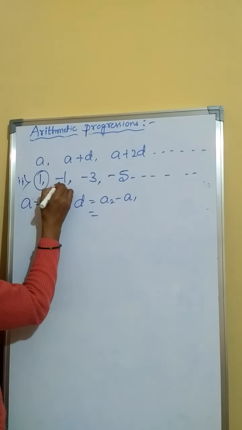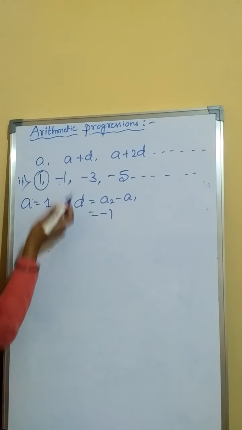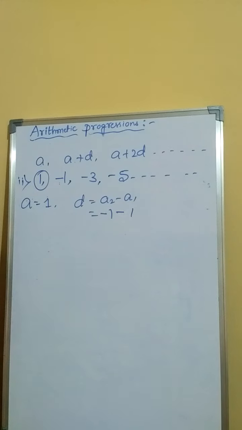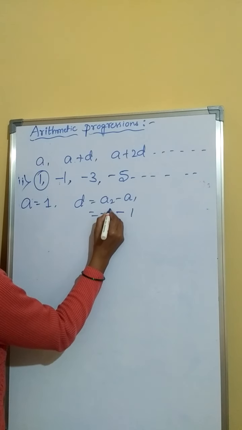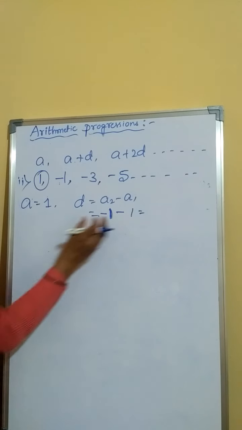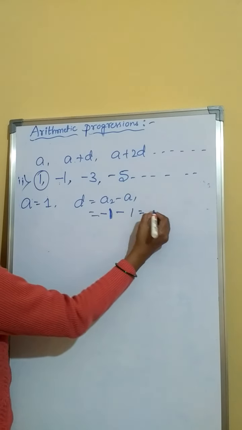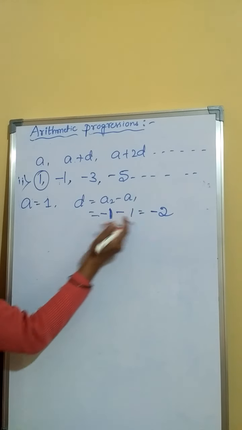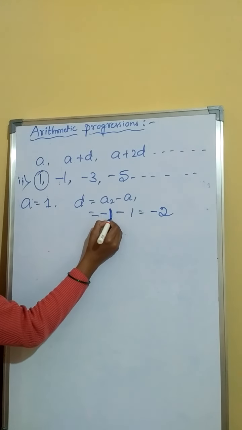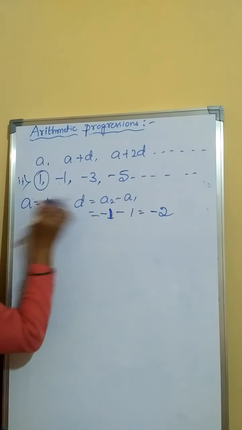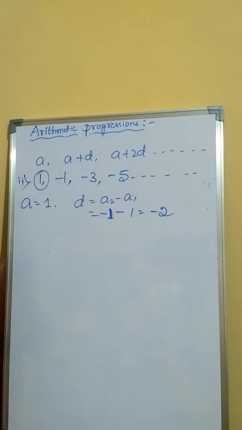So here A2 is minus 1 and A1 is plus 1, but here we need to insert the minus sign. So A2 minus A1, minus 1, minus 1. See, both are having like signs. We need to add, that is minus 2. We need to get here. Okay, so minus 2 is what? Common difference.